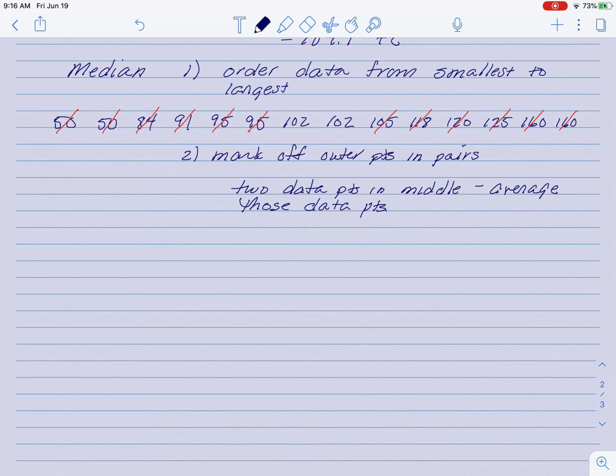So what we do, now in this one it's pretty easy, but I'm going to do it anyway. We add the 2 data points together and divide by 2. So this is 204 divided by 2.